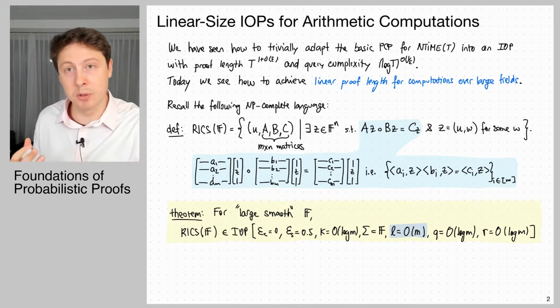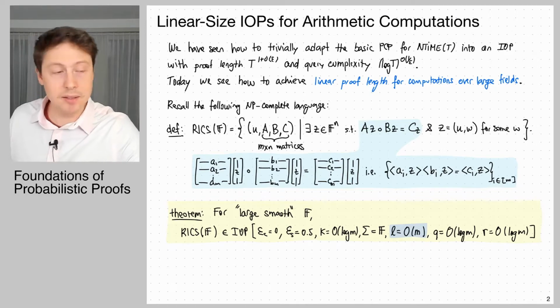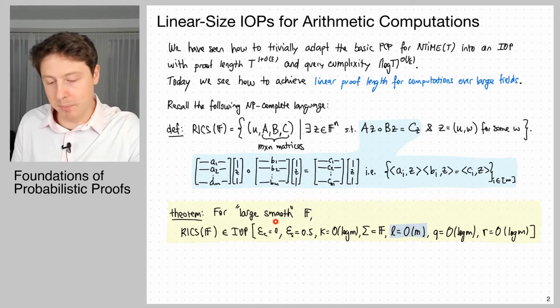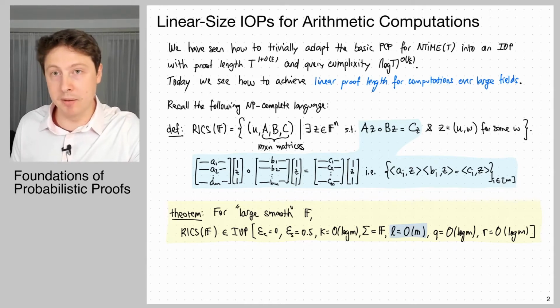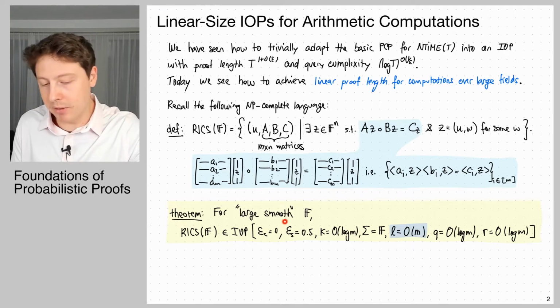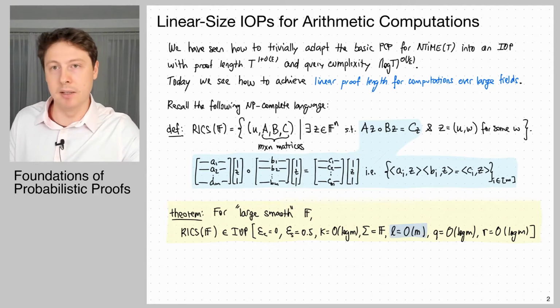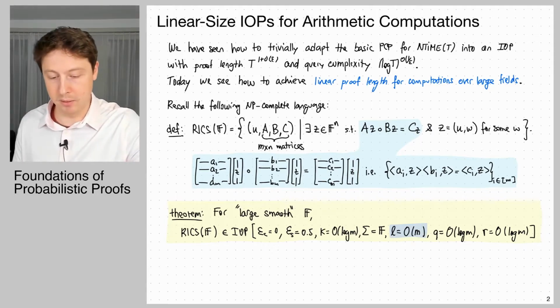So if you have some computation of size n, you want the field to be of size at least order of n. And smooth, it will not come up concretely today, but it will basically be imposed by some sort of low degree test. It means that you have a subgroup whose order has many factors. Think about this as basically FFT friendly.